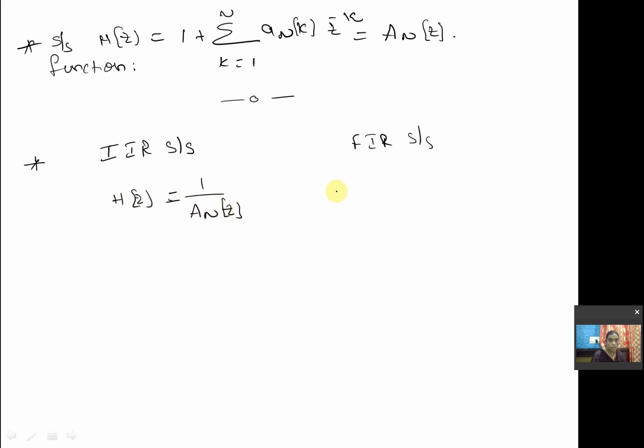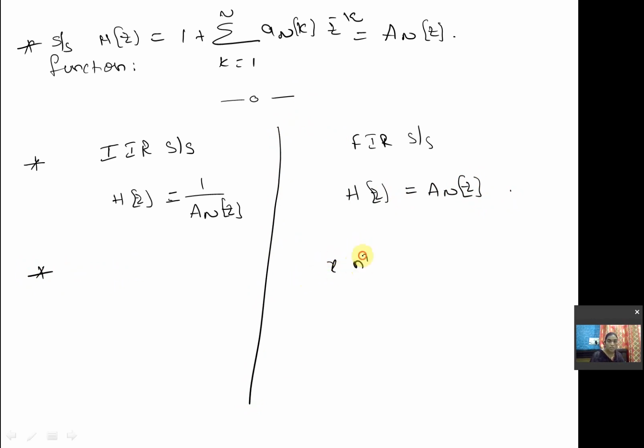By interchanging input and output, the IIR becomes an FIR system, that means A n of z. That means one system can be obtained from the other simply by interchanging the roles of the input and output here. Okay, right.